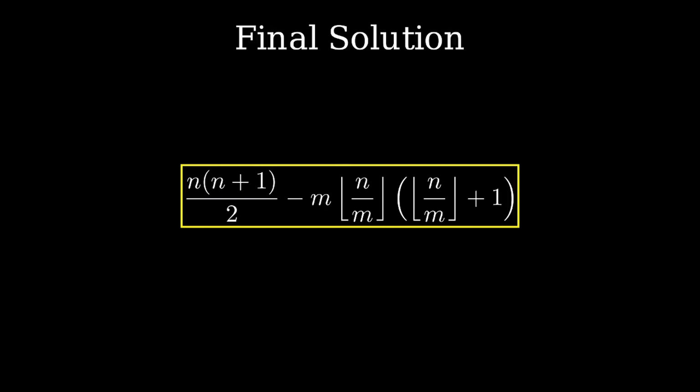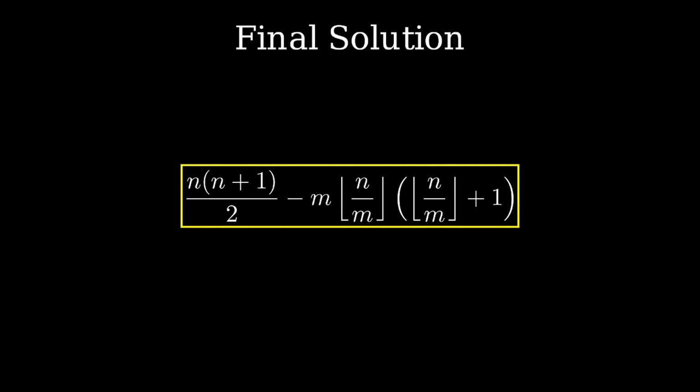Usually in programming languages, floor of n over m can be written with the division sign. In the case of Python, however, make sure to use the double division sign for floor division. Other than that, that's all you have to do. So that's our final answer.